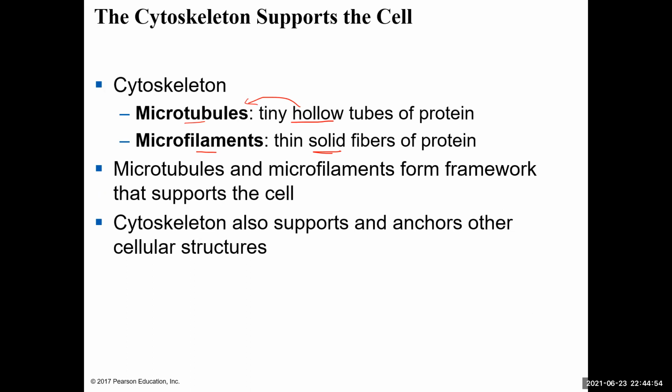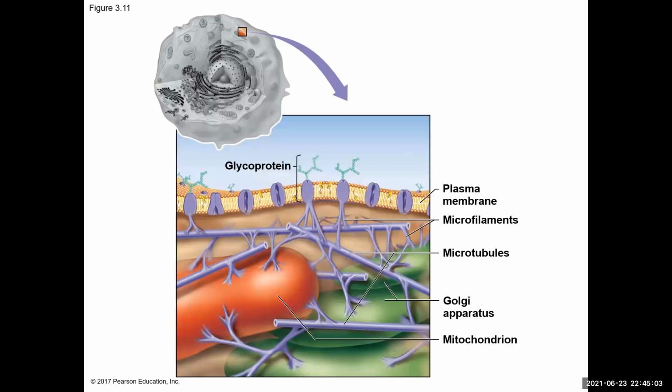They also serve as an anchor for other organelles, and organelles can use those to move around the cell. Here we have an image showing a microtubule, because you can see it's hollow, and then the microfilaments, which are not hollow, running off those tubules.